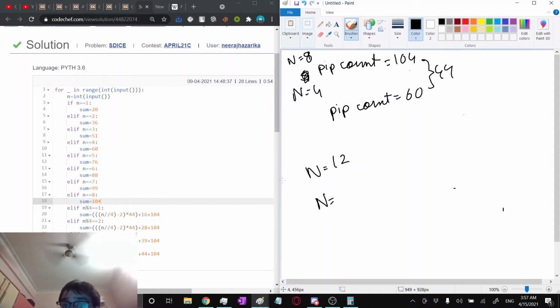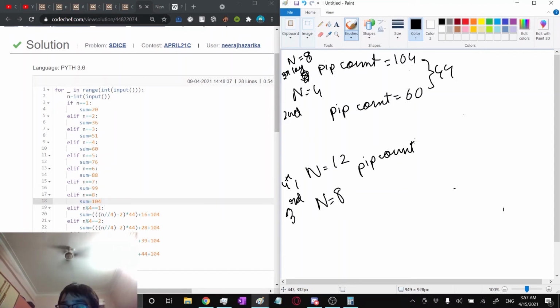And the same situation also arises when we consider n equal to 8 plus 4, that is 12. That means the third layer. This is the second layer. This is the third layer complete. Third layer die complete. This is the fourth layer. This is the third layer. For n equal to 12, the pip count would be something. And the pip count here would be, as we know from here, 104.